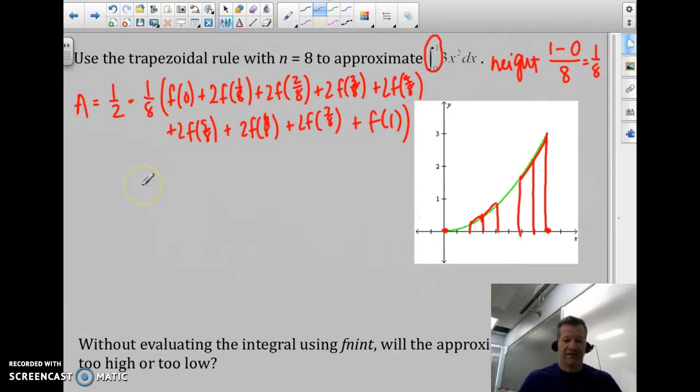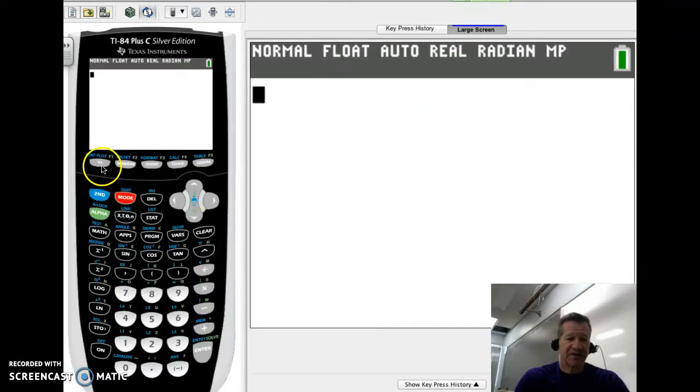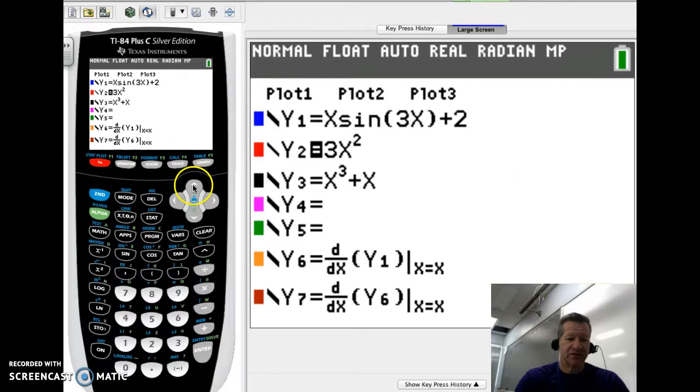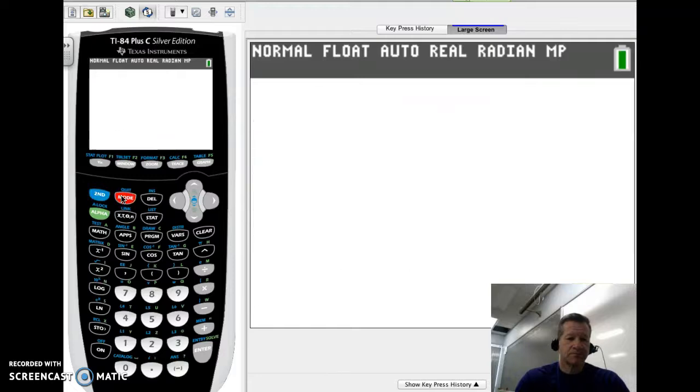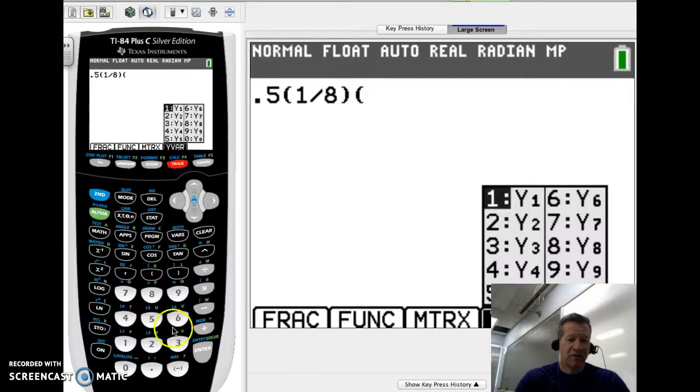So if we try to calculate this, go to my calculator. I put 3x squared, this time into y sub 2, as you can see. And so we're going to go 1/2 times 1/8, 0.125 if you like that as a decimal. Start with f of 0. So now I'm on y2.